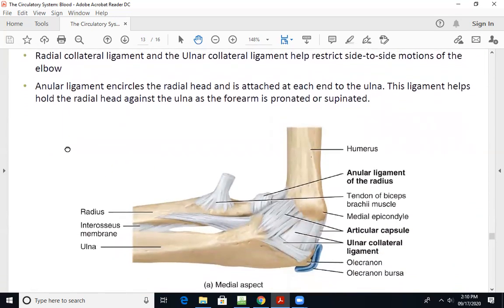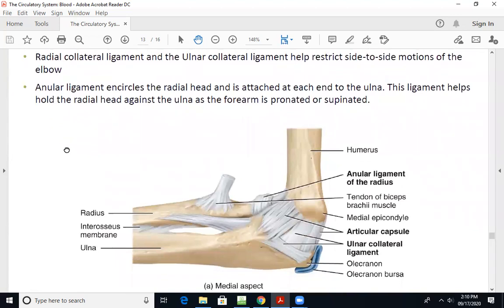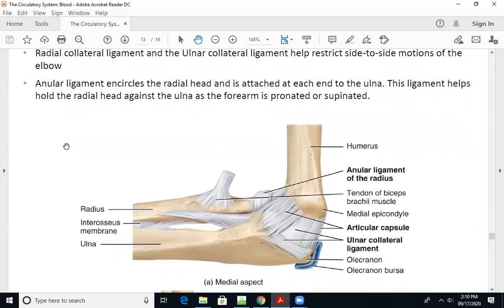Okay, we have two very important ligaments on the side of the elbow, either medially or laterally, and they are named for the bone that they attach to. Now, it's important to orient yourself medial lateral. We know that the ulna is pinky side, and the ulna is the bone that forms our true elbow point, as we like to call it. So we have a very good view here in our medial view of the ulna.